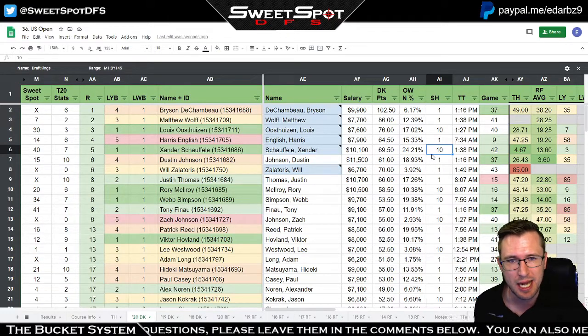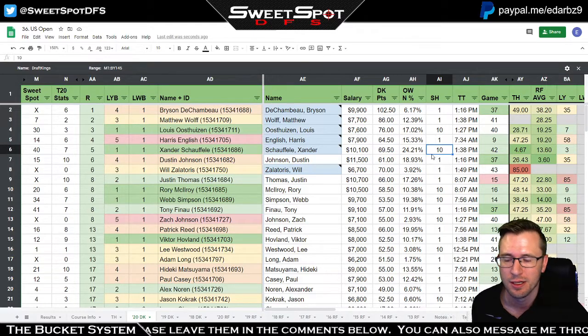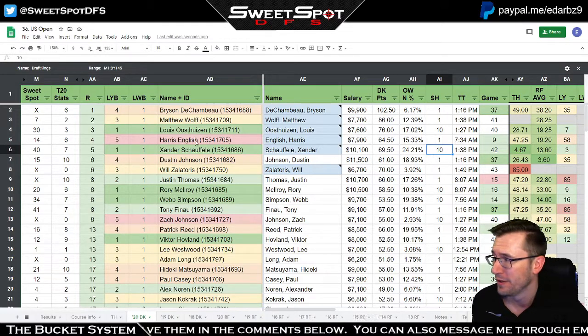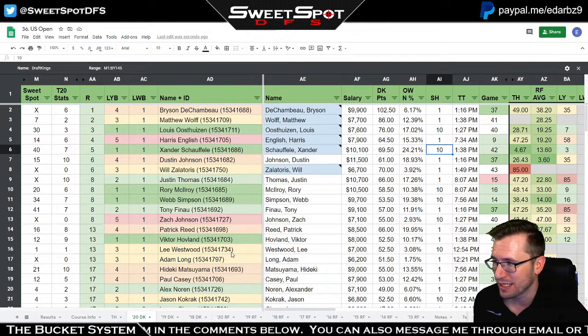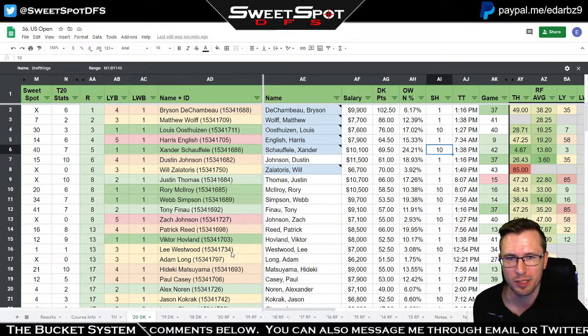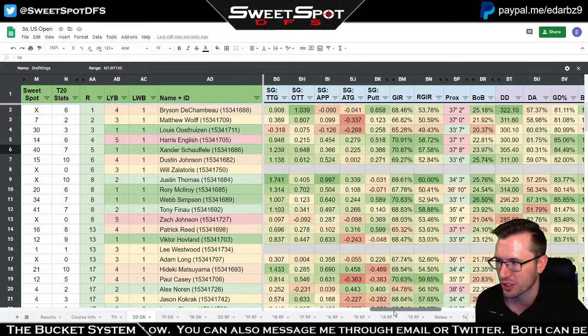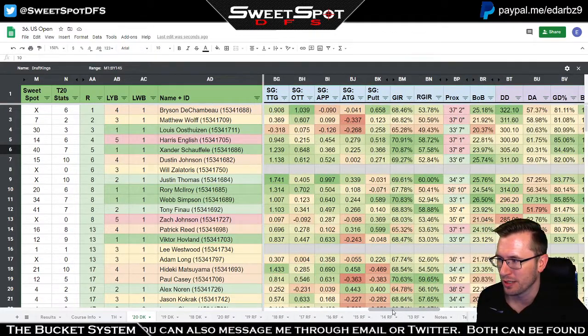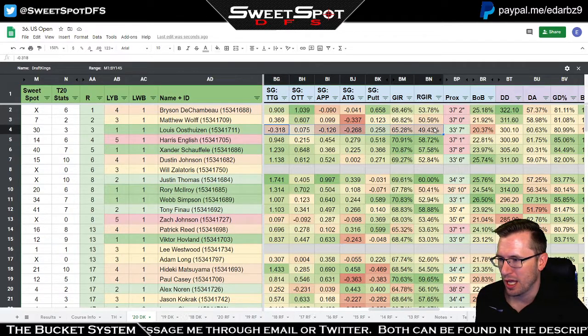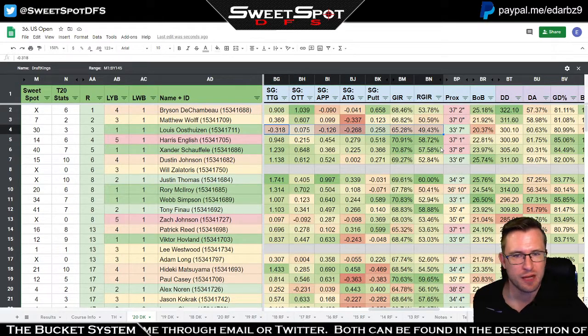Sure, I look at stats like swing stats, which I call the strokes gained stats. I do look at that stuff, but really, the bucket system helps me figure out plays better than strokes gained. If I scroll over to the strokes gained section and try to determine, is Louis good based off of these stats?